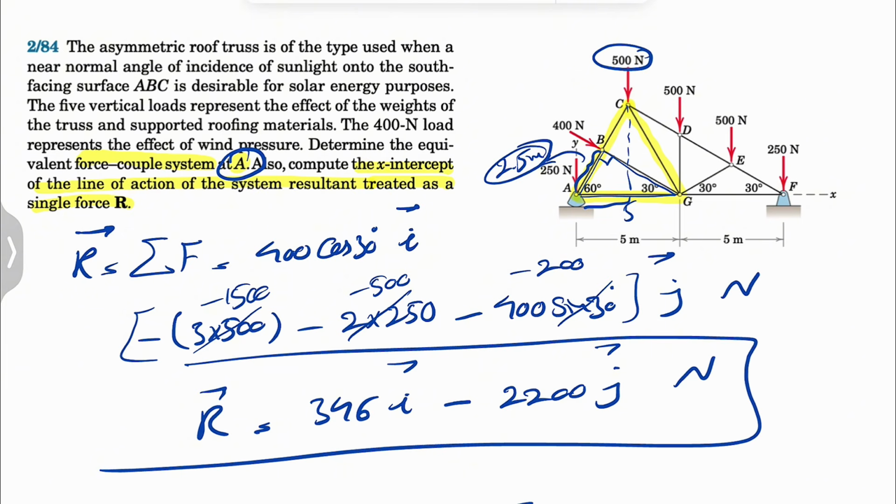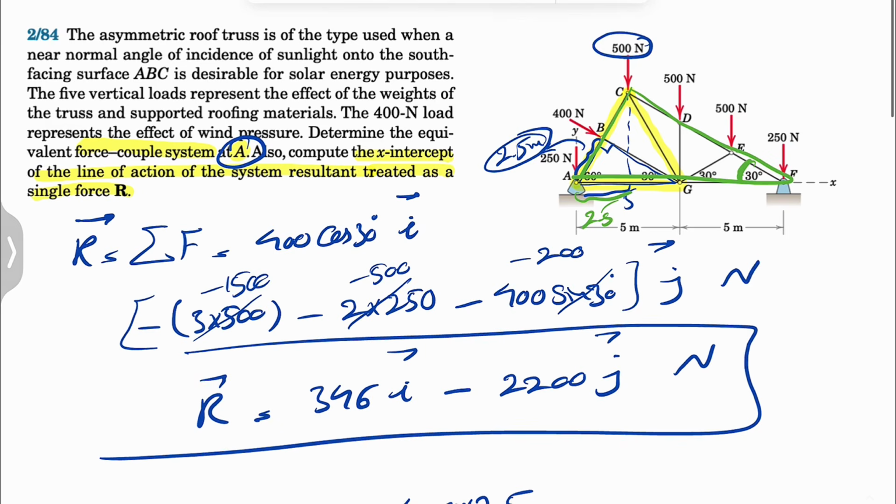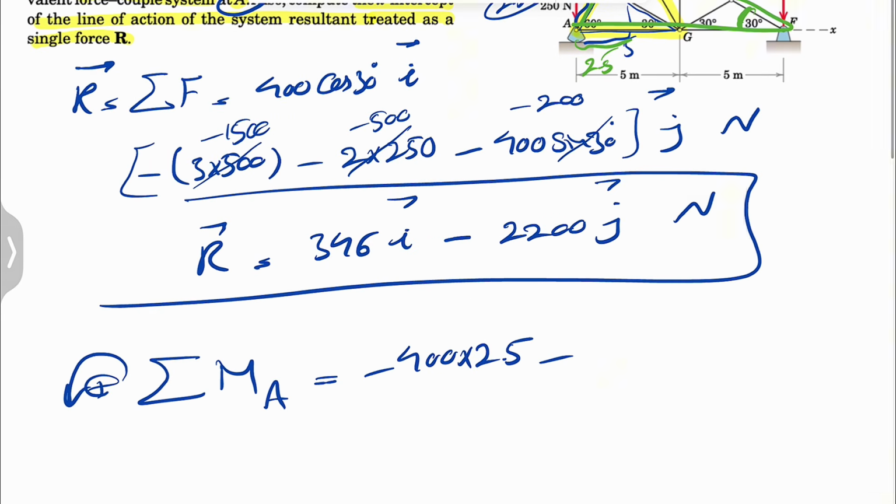Looking at the bigger right triangle, the angle is also 30 degrees, and this is 10, which means this side is 5. Since our triangle is equilateral, the distance we are looking for here is also 2.5. So that's negative 500 times 2.5.